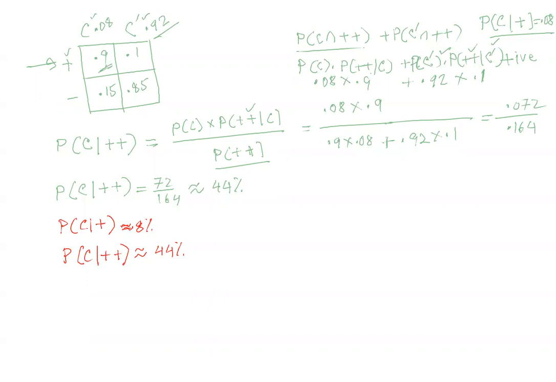Now, I'm going to leave it up to you to do the same problem, but this time I want you to find the probability of having cancer given that the person tests positive 3 times. And approximately, what is that number? I'll give you 3 minutes to work on it. Everybody go ahead and work on it.